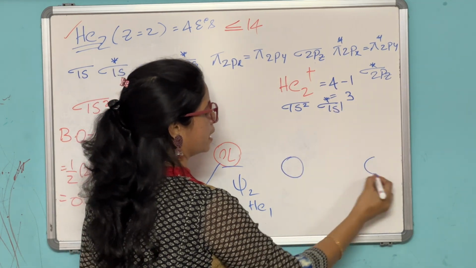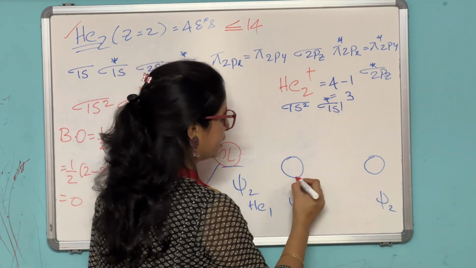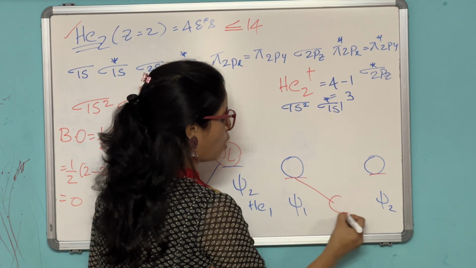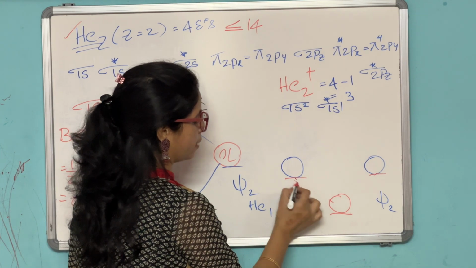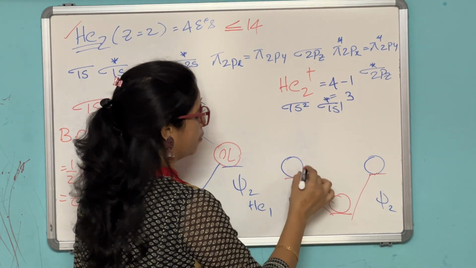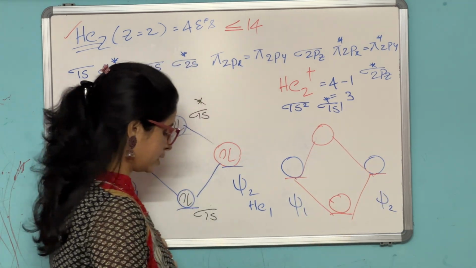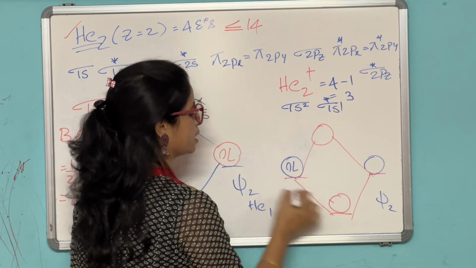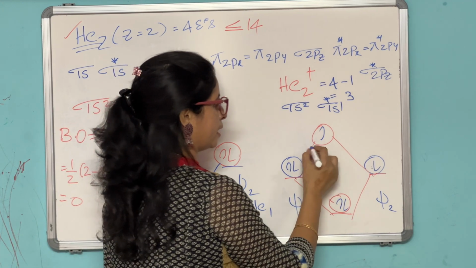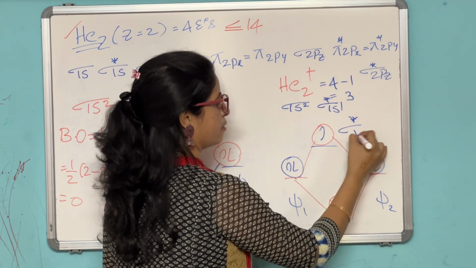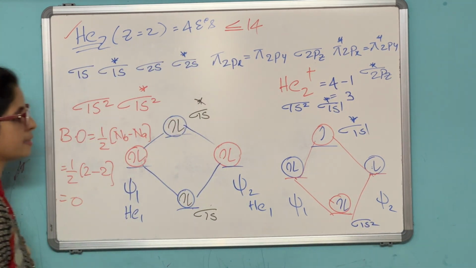When the wave functions psi 1 and psi 2 of the two helium atoms combine, one molecular orbital forms with energy lower than the atomic orbitals, and another with greater energy. So there are 2 electrons in the bonding sigma 1s and 1 electron in the anti-bonding sigma star 1s.